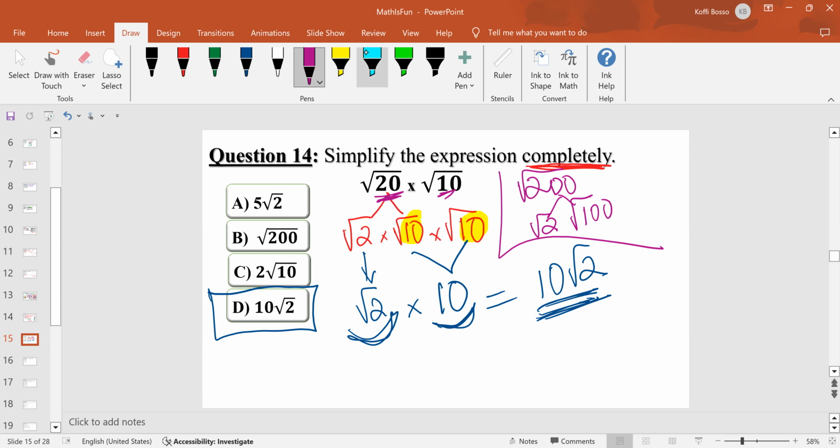But square root of 100 will turn to a regular 10. Why? Because 100 is a perfect square. What they mean by perfect square, you'll see in one of my previous videos. So I will have a square root of 2 multiplied by regular 10. That regular 10 came from square root of 100. And the square root of 2 times regular 10 gives you again 10 square root of 2. So the correct choice is D. We continue.